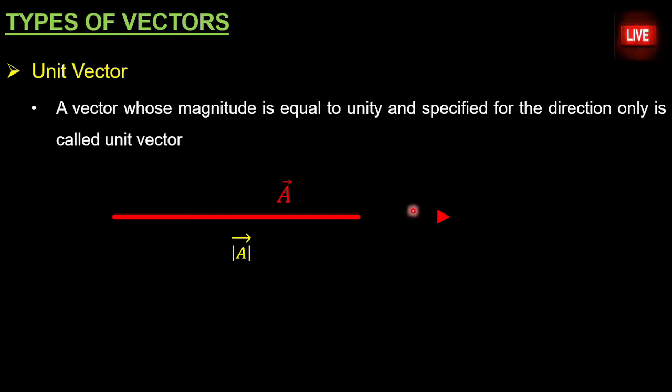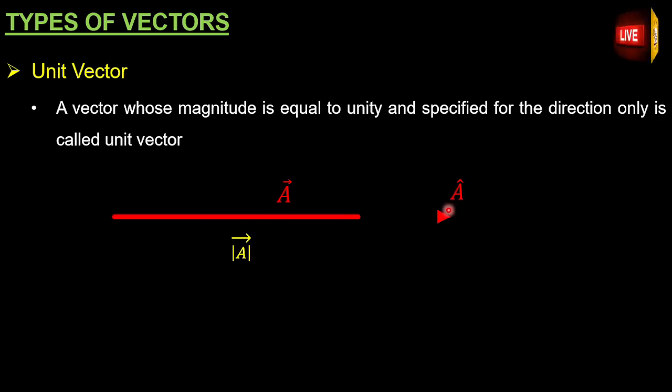The arrowhead is a unit vector which is specifying direction, where its magnitude is a unit as compared to the whole scale of the vector. So we can conclude that the unit vector has a direction same as that of the given vector.